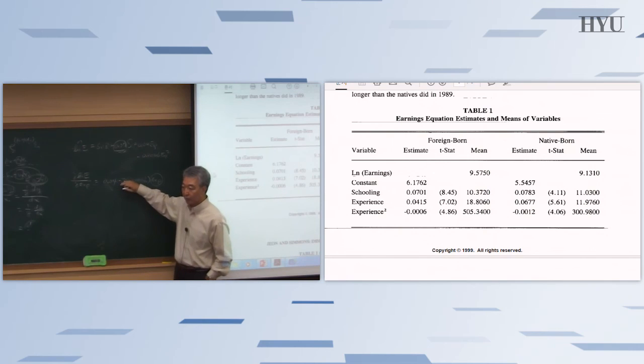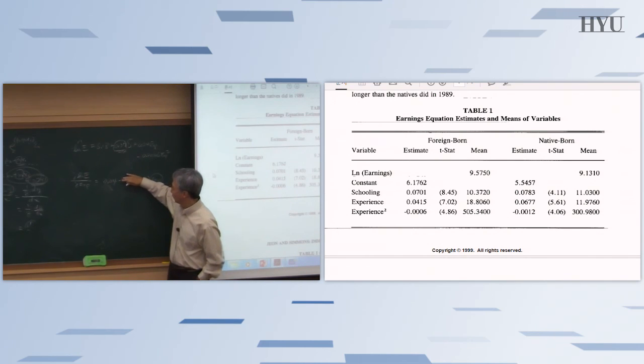If there was no squared term here, if it was simply 0.04, that means for 1 additional year of labor market experience, the earning increases by 4%. But that's not that simple.